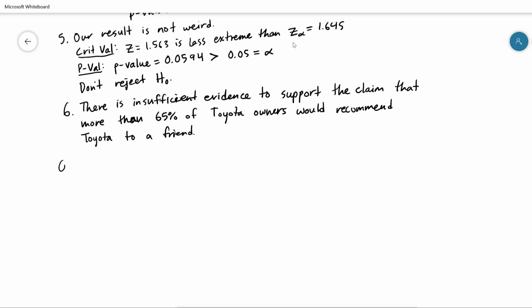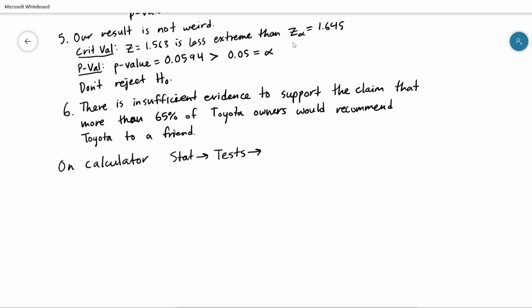So how do we do this on the calculator? On the calculator, we're going to do the same thing we've been doing. Go to stat, go over to the list of tests, and we're dealing with population proportions now. So we can guess, hopefully, the correct thing to use here just by the fact that we're dealing with proportions and we're doing a hypothesis test. And we're using z-scores in this case, a normal distribution.